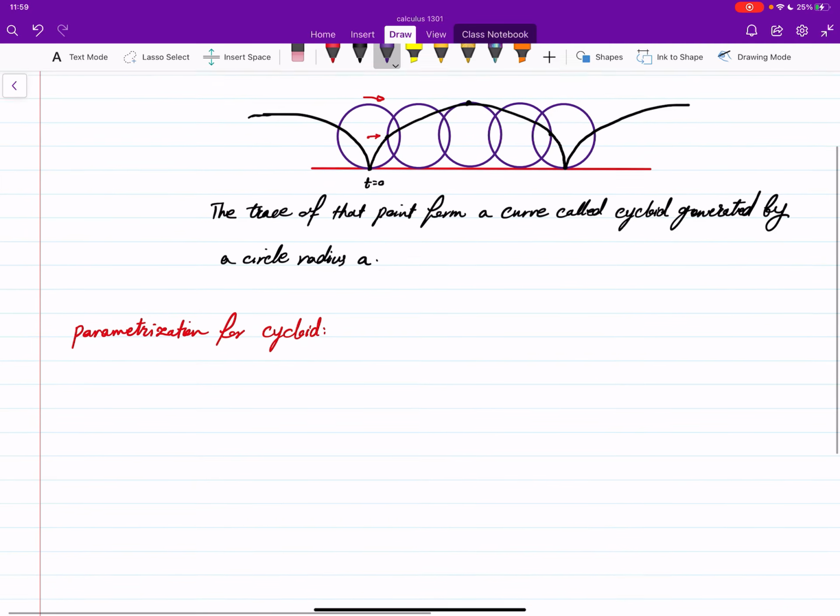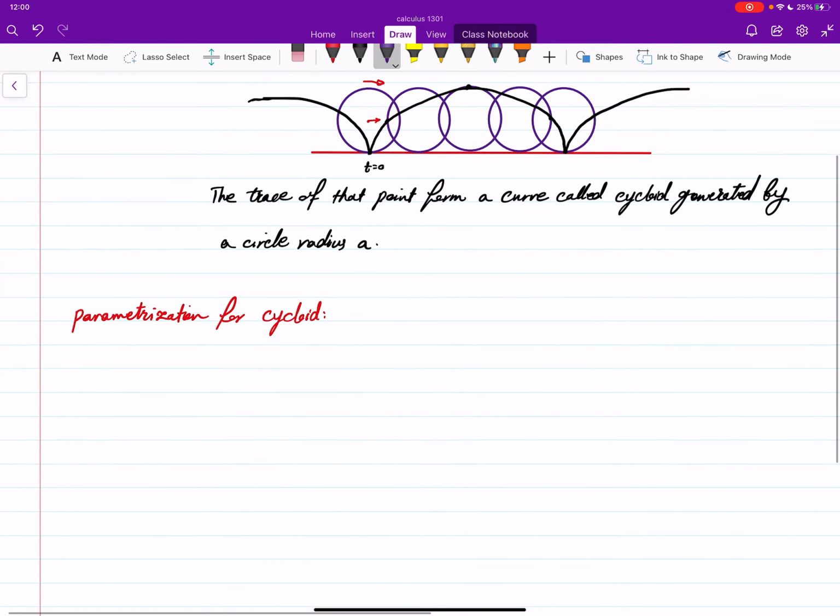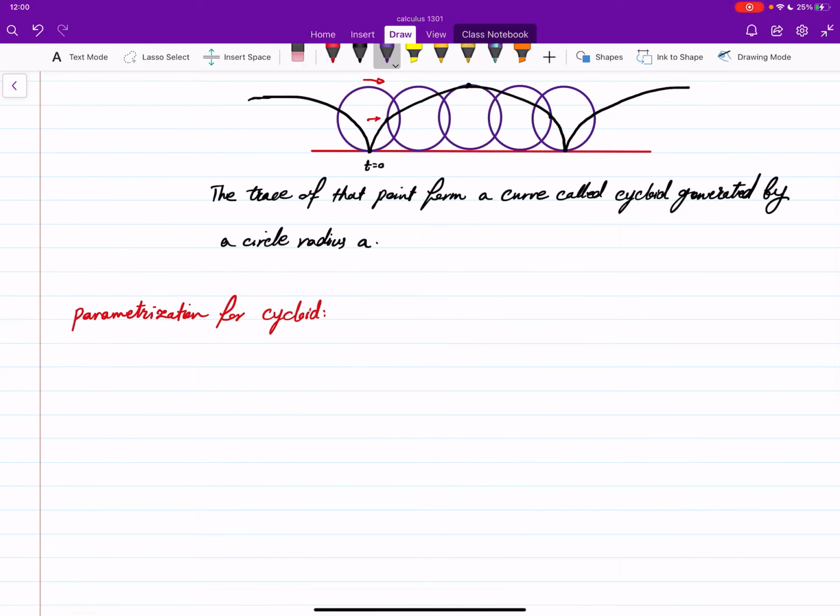To be able to write a parametrization, we have to see that the movement of the point comes from two things. One is the rotation of the wheel.